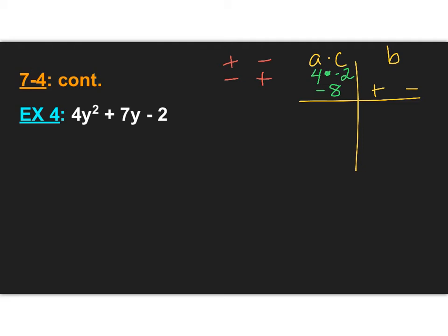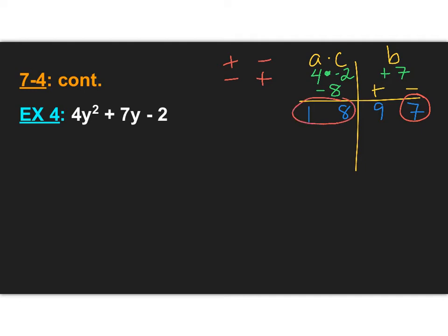The first factors of 8 are 1 and 8. If I add those, and by the way, I forgot to put up here, my b is a positive 7. Okay, so 1 and 8 add to give me 9, and they subtract to give me 7. Well, right here is my middle term.